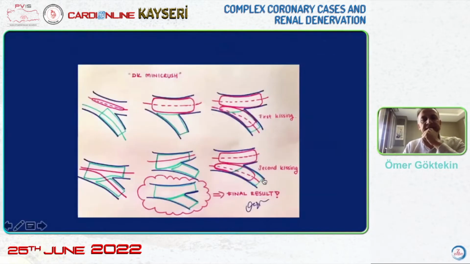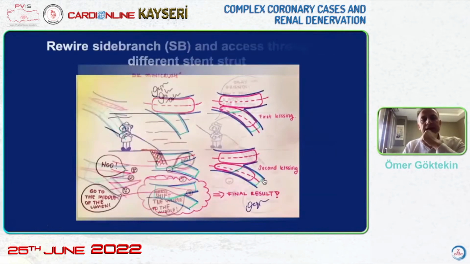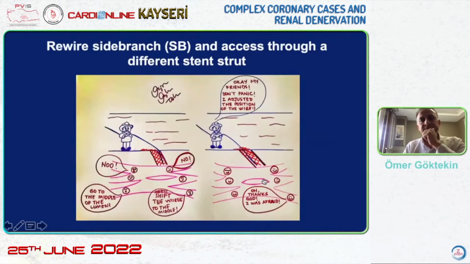The crush technique is a technique that we are using very commonly. But the problem is that in the provisional stenting, the wire goes to distal, and in mini crush you should go to the proximal or the midway, because after the crush there is an opening there.